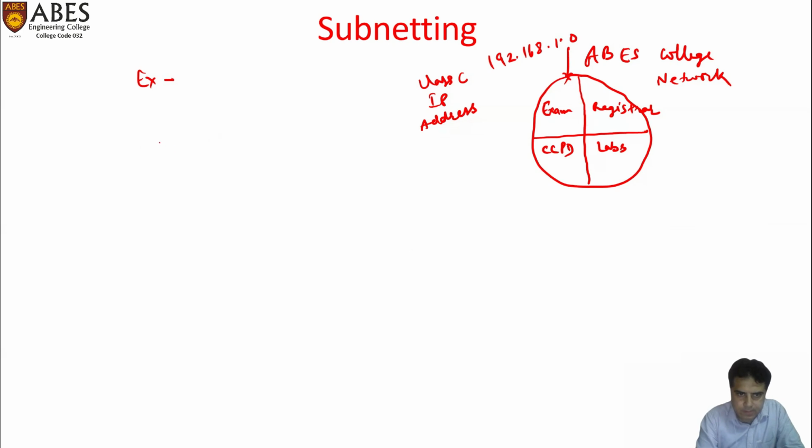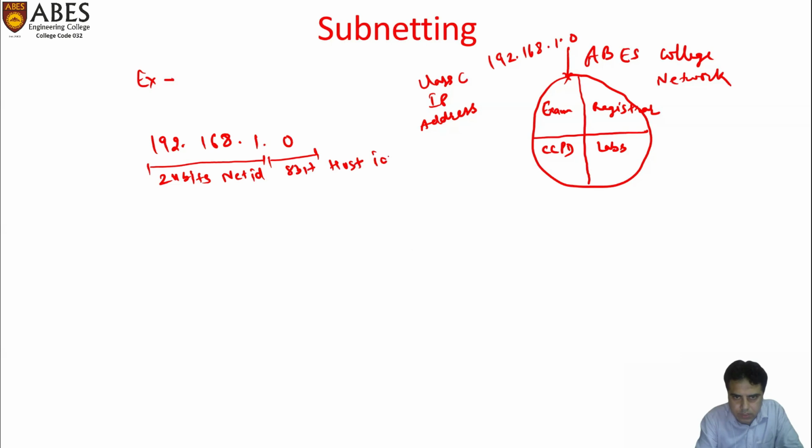Now we will understand this with 192.168.1.0, which is a class C address. For this class C, the first 24 bits are used for the network ID, and the remaining 8 bits are used for the host ID. For subnetting, we use the most significant bits from the host ID.